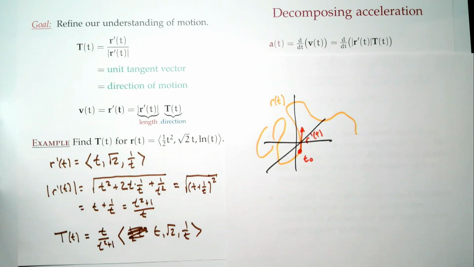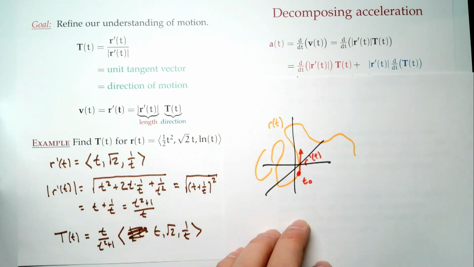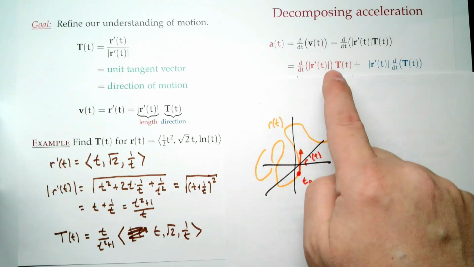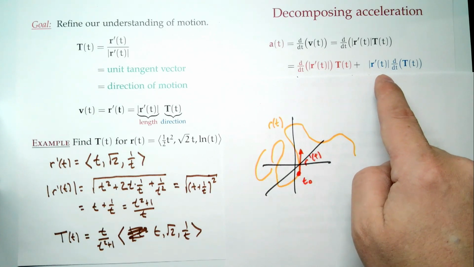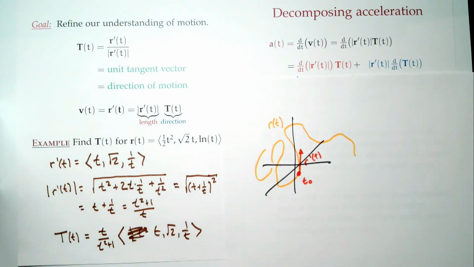Product rule. So we use the product rule, which says take the derivative of the first times the second plus the first times the derivative of the second. Now comes the interesting part. I really have two vectors being added together, because with the product rule you end up with two parts, and in this case each part is a vector.